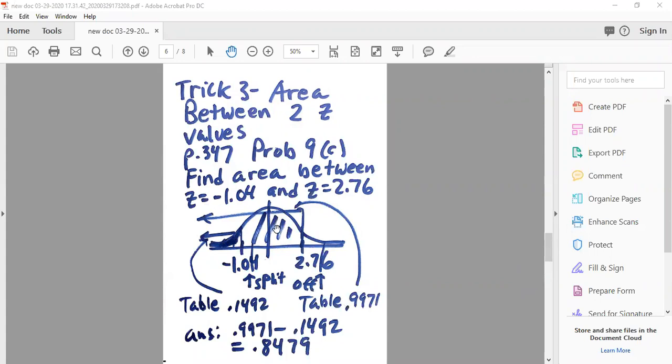I want this crosshatch shading region. Sorry, I got a little heavy on the marker there. And so you wind up subtracting them. Always subtract the smallest table value from the largest table value. So the answer winds up positive between 0 and 1. That's the area between, 84% between those two z values.